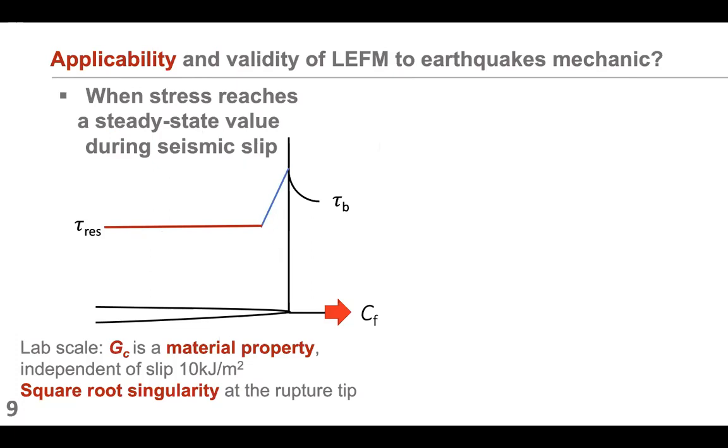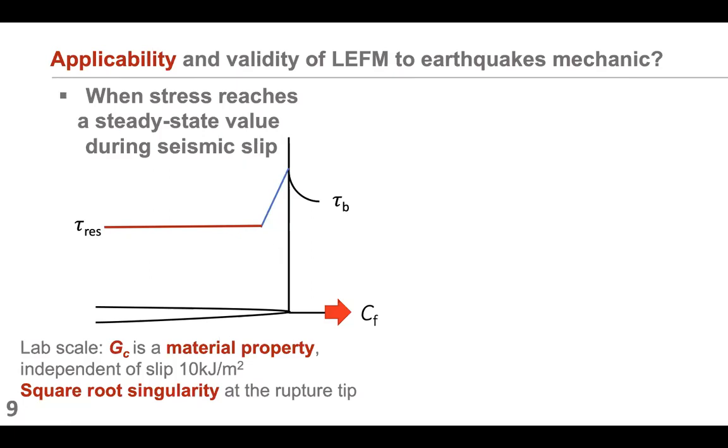So what does this definition imply? It implies that the fracture energy that corresponds to that area is expected to be constant at a given rupture size. And if LEFM applies, we expect a square root singular field for the peak in slip velocity close to the rupture tip, and also for the stress singular field at the rupture tip.